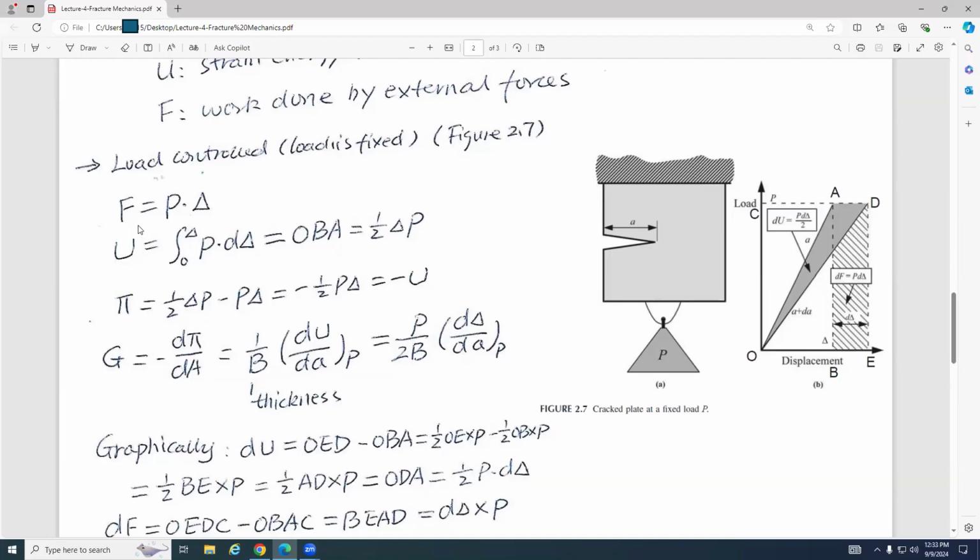P multiplied by d delta equals the strain energy. It's a force, it's a work. And then you just do the integration from the very beginning up to this current delta. So this one will be the strain energy. Got that?